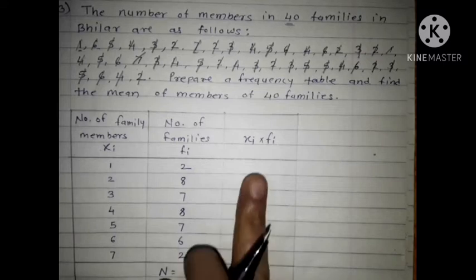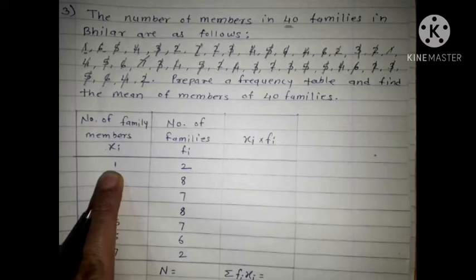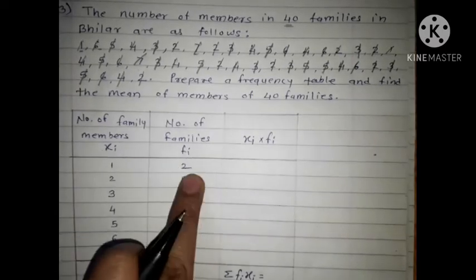Now we have to find fi into xi, meaning we multiply the number of families by the family members.